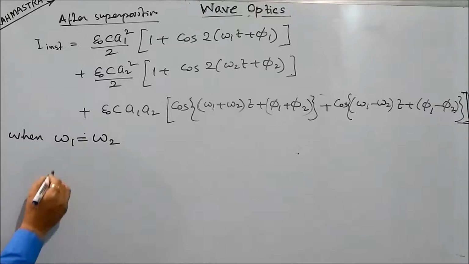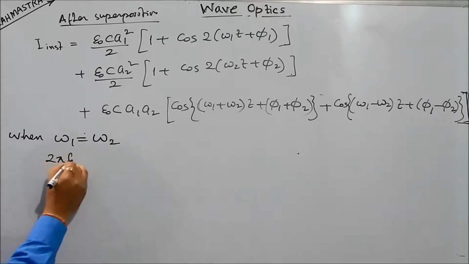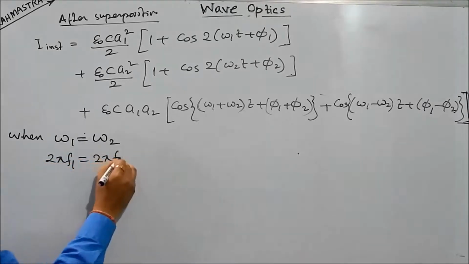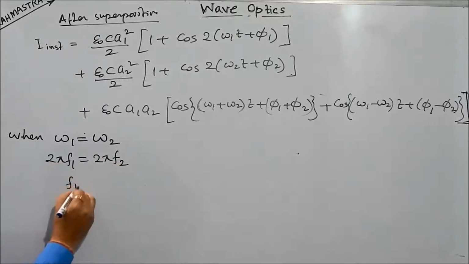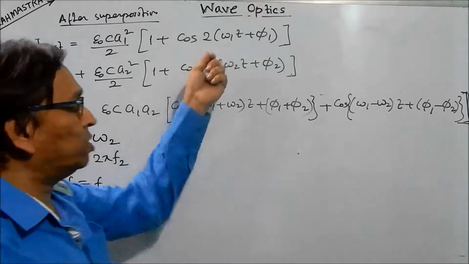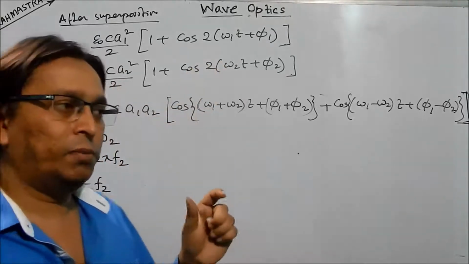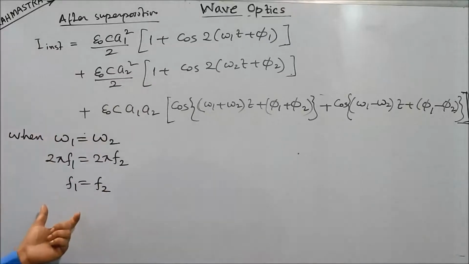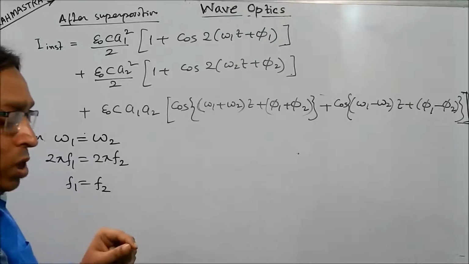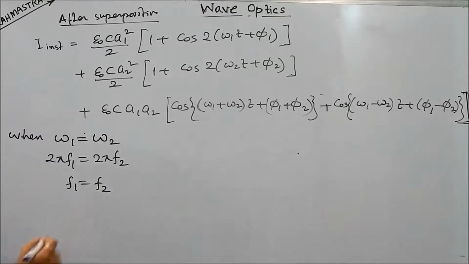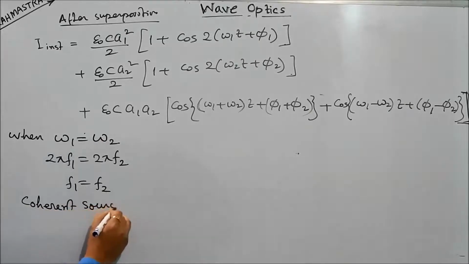Omega 1 equal to omega 2 means 2 pi f1 is equal to 2 pi f2, so in turn f1 is equal to f2. So both are having the same frequency. We have just considered monochromatic light, they have the same lambda, but we have not considered that they have the same frequencies. Now if both sources have the same frequencies, this condition is called coherent source. So these sources are called coherent sources.